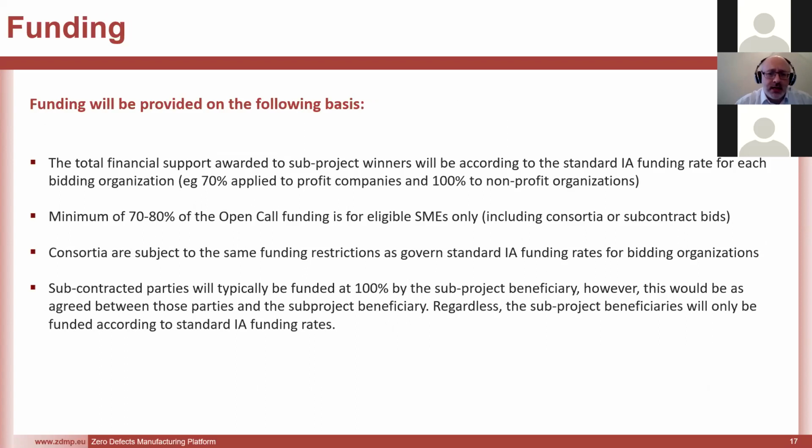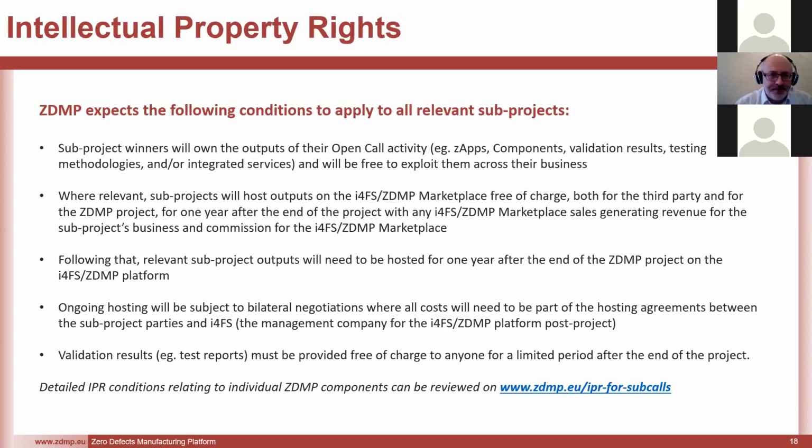Consortia are subject to the same funding restrictions and standard funding rights for bidding organizations within the EC. Subcontractor parties will typically be funded at 100% by the sub-project beneficiary, meaning by you. However, this is an agreement between you and them. You will be funded back at 70%, or anyway at your correct rate.